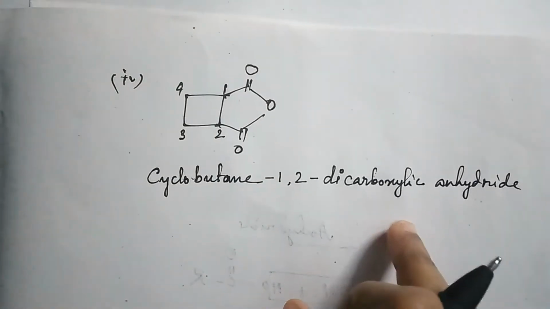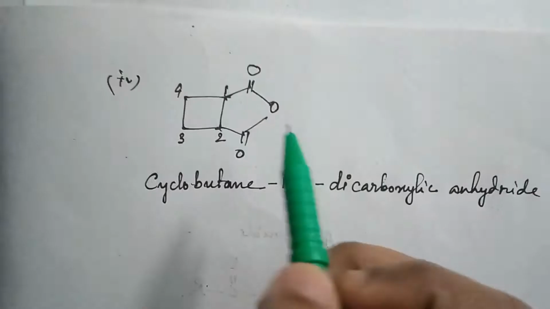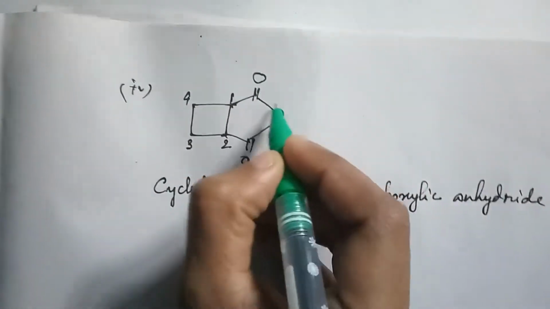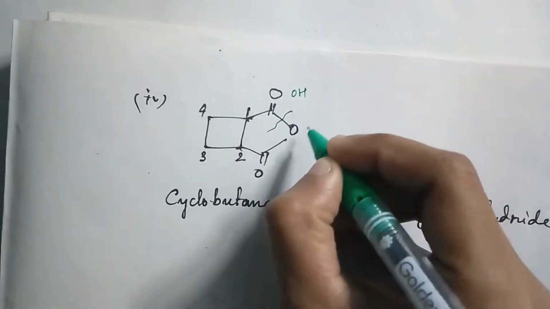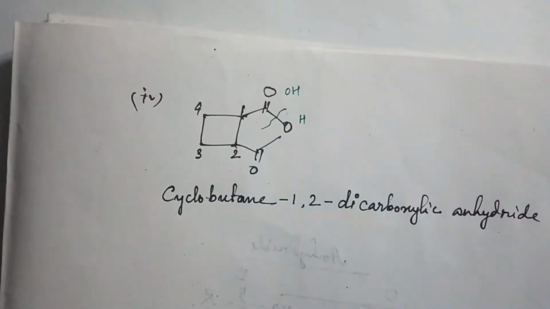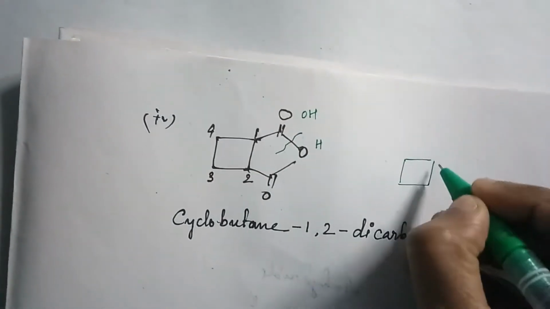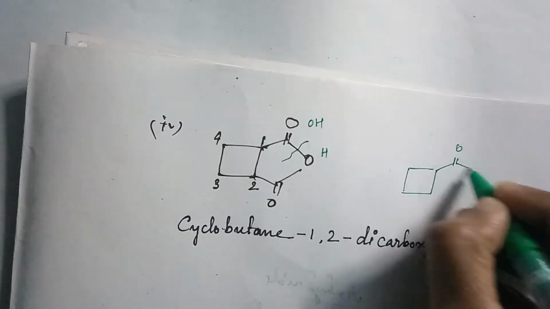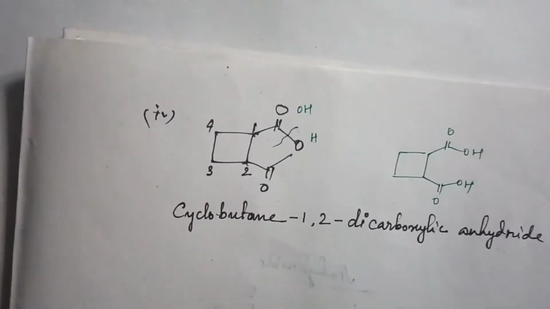Now the question is why here carboxylic anhydride? Now see, if you break this anhydride in this position and if you add here one OH and here H, then the acid you will get has C=O OH and C=O OH.